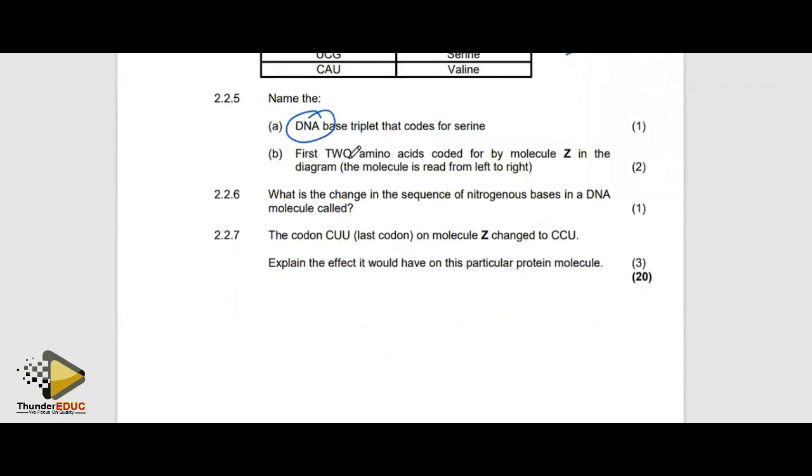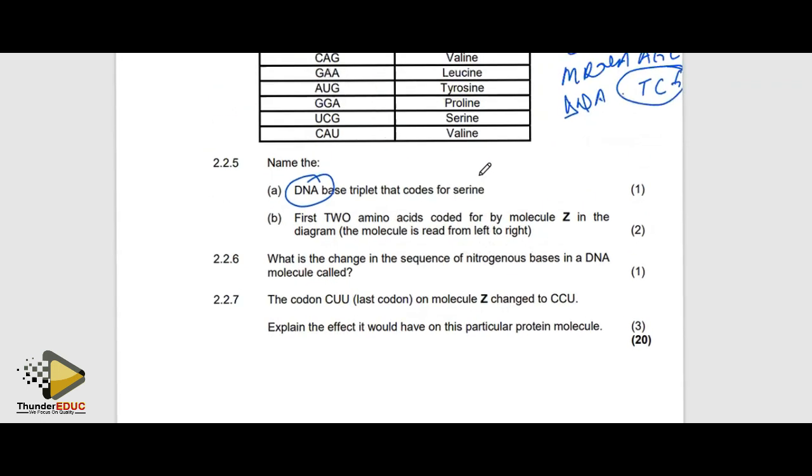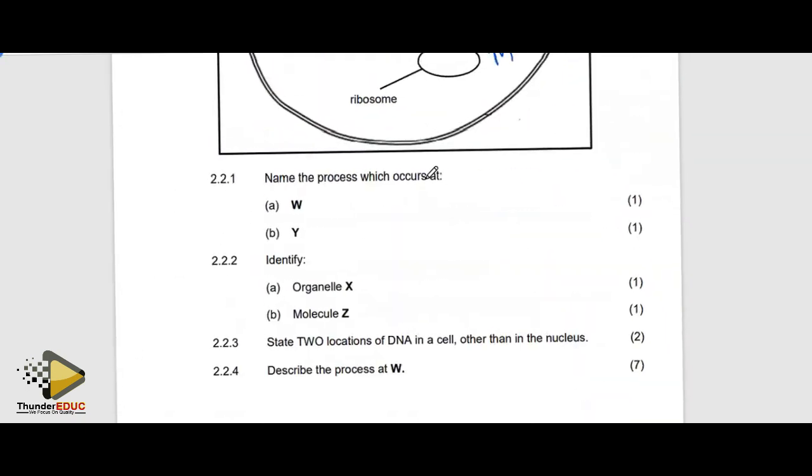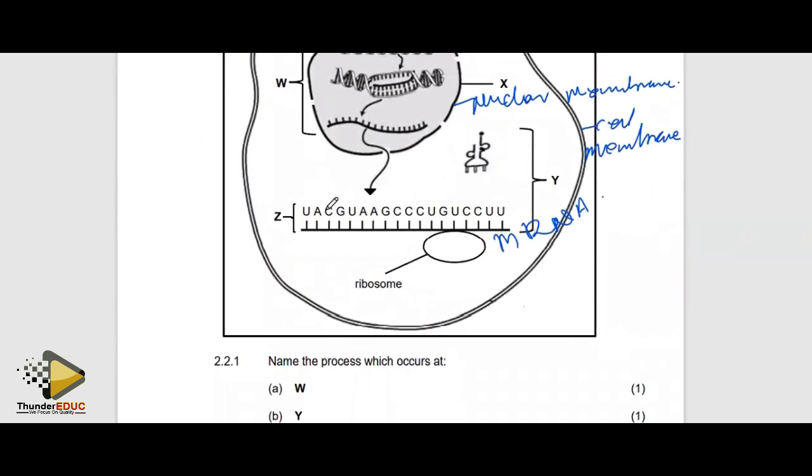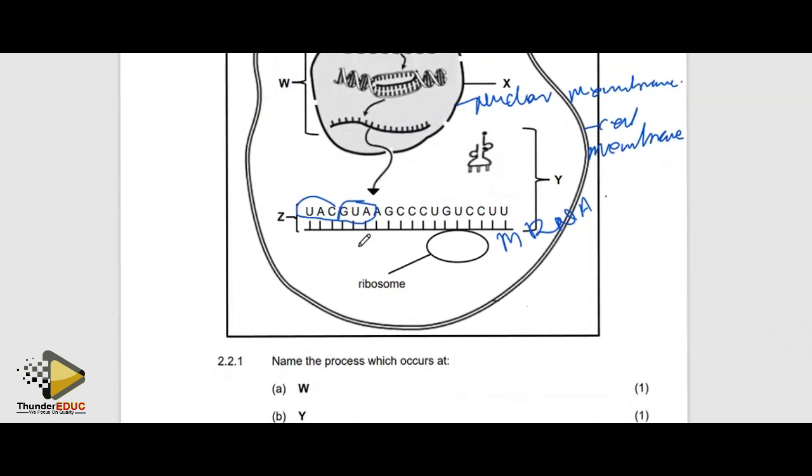They're saying the first two amino acids coded by the molecule Z in the diagram from left to right. So I have this and I also have this. But I need to first read that this is messenger.